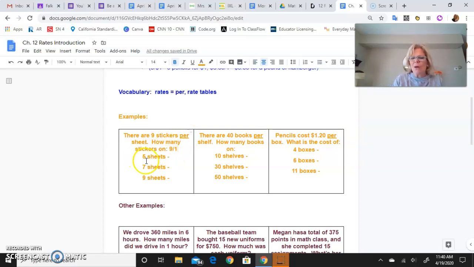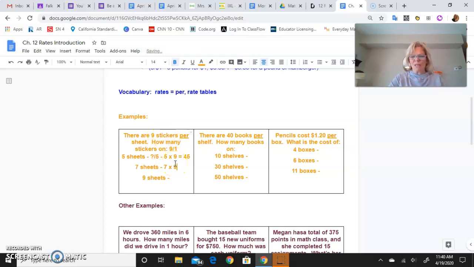If I want to know how many there are going to be on 5 sheets, basically what you are going to do is multiply 5 times how many on each sheet? 9 equals 45 stickers.